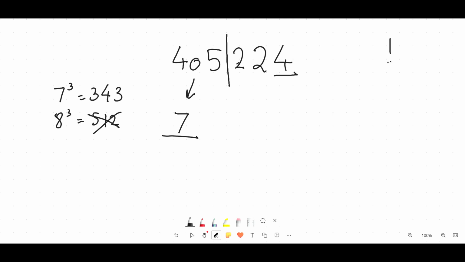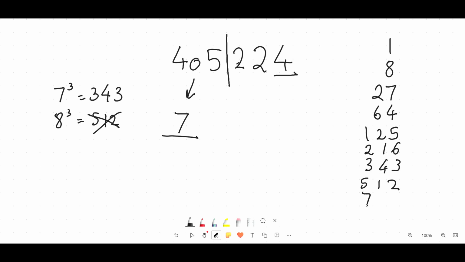If I list down all the cubes: 1, 8, 27, 64, 125, 216, 343, 512, 729, and of course 1000.